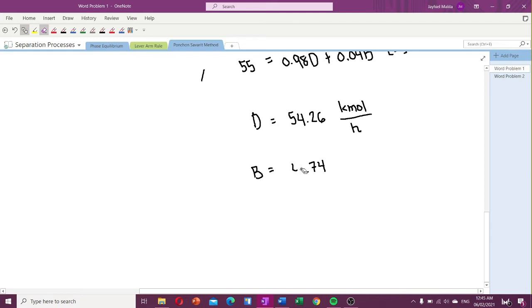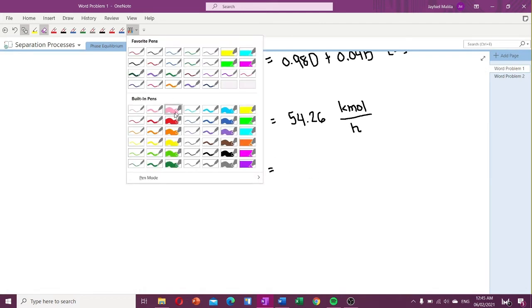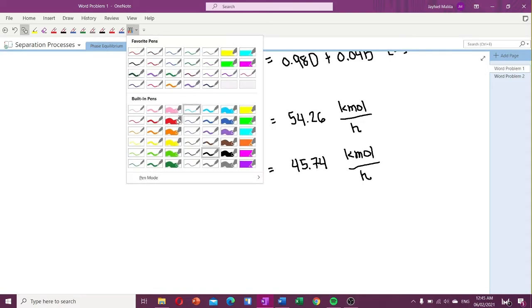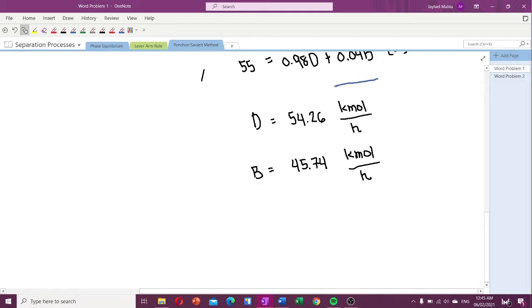It's not written properly. 45.74 kilomoles per hour. All right. So we are going to use that later in our calculations for the condenser and reboiler duties.